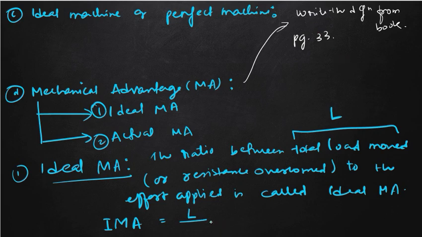So total load L divided by effort applied, which will be E. And our total load will be our actual load plus the load due to friction. So let us write in the next slide: IMA equals L by E, where L equals l plus x.